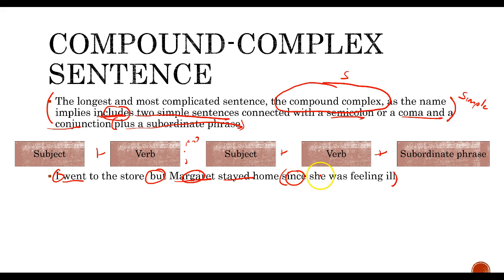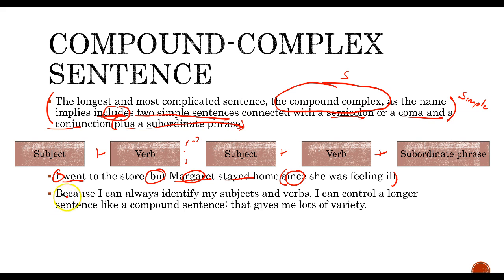Let's take a look at one more. It starts with the subordinate phrase. Because I can always identify my subjects and verbs, that's the subordinate phrase, since it has the word because. And here's the rest of the complex sentence. I can control a longer sentence like the compound complex sentence. Here's the semicolon, moving into my last complete idea.